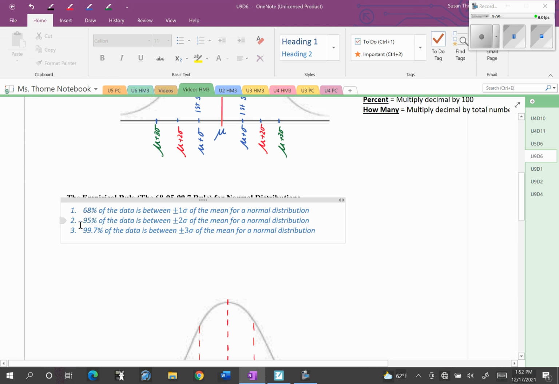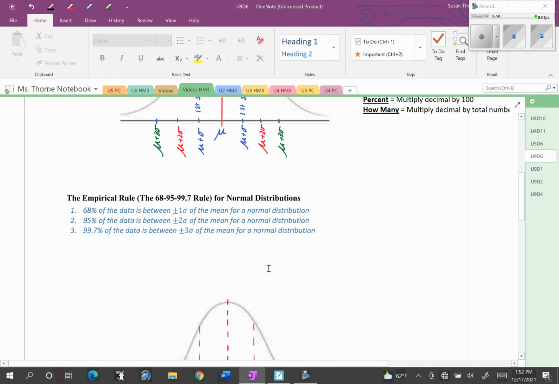So what we say is that 68% of our data is going to be between plus or minus 1 standard deviation of the mean for a normal distribution. 95% of the data is between plus or minus 2 standard deviations of the mean, and 99.7% of the data is between plus or minus 3 standard deviations of the mean.